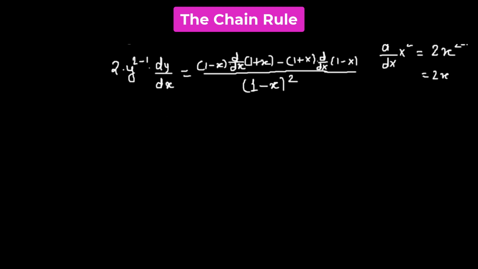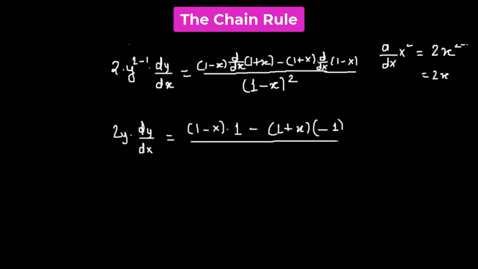So we get 2 times y multiplied by dy over dx equals 1 minus x times, so the derivative of 1 is 0 and the derivative of x is 1, so we get 1 here, minus 1 plus x multiplied by the derivative of 1 minus x, which is 0 minus the derivative of x, negative 1, divided by 1 minus x whole square.